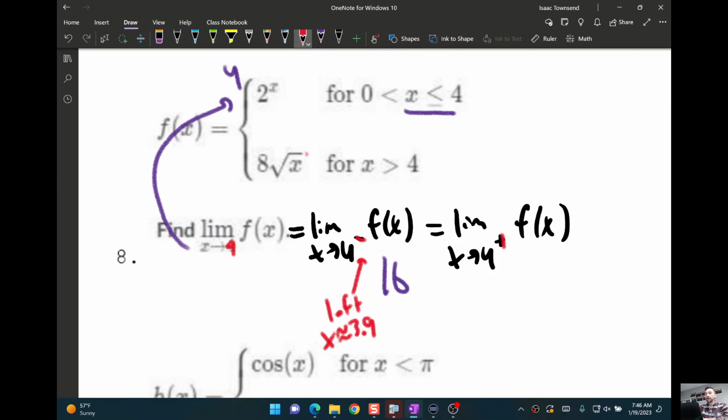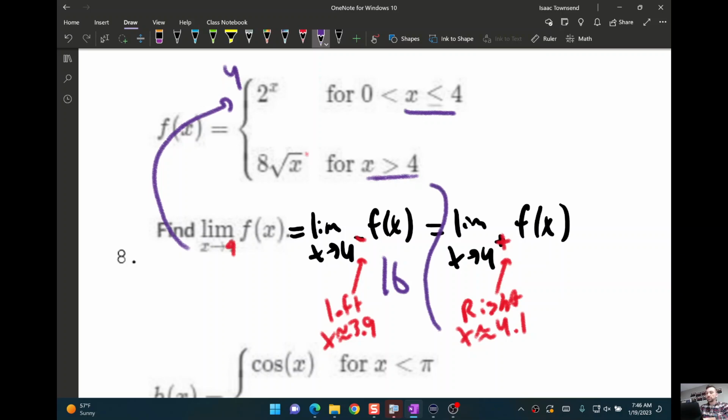But from the right, this is when your x value is slightly bigger than 4, so you can think of like 4.1, just to give yourself an example. Then you got to ask yourself the same thing. You might still plug it into the top one. It just depends on what these restrictions are. But this is saying when x is bigger than 4, which is what it would be from the right.